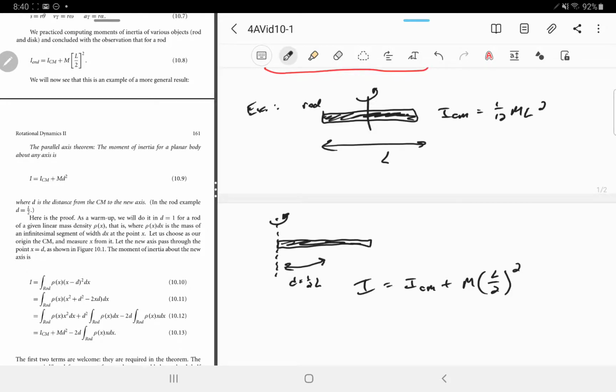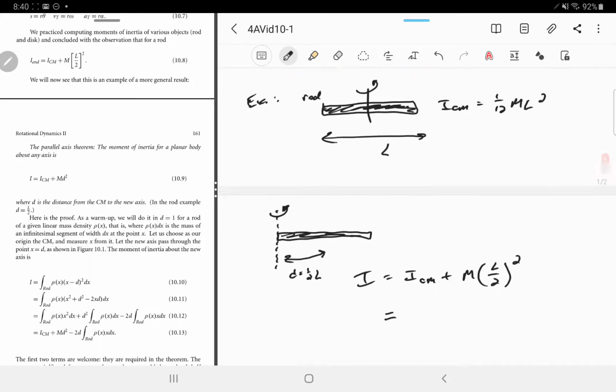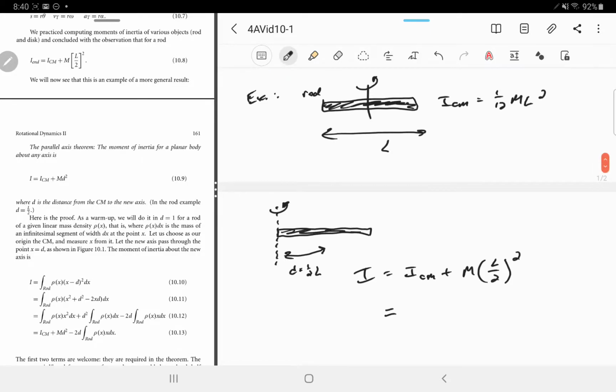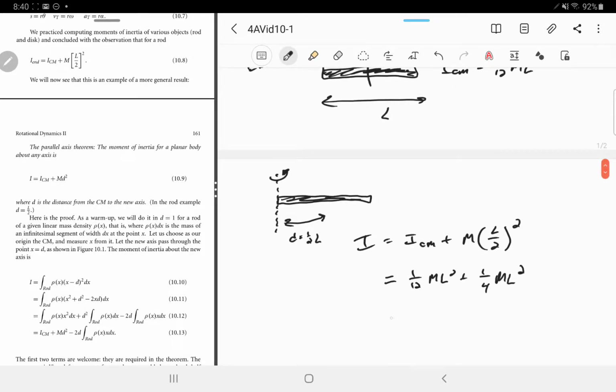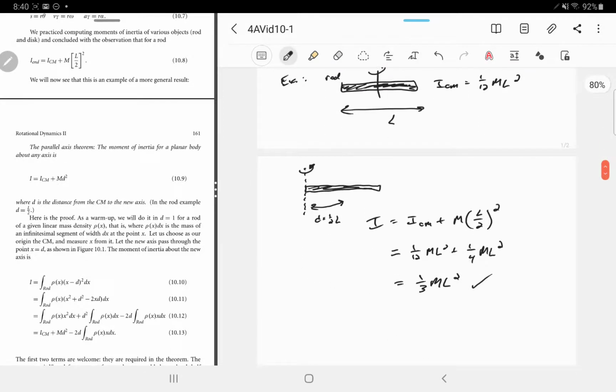So the moment of inertia of a rod about an axis that goes through an endpoint is 1/12 ML squared plus 1/4 ML squared. So 1/12 plus 1/4 is 1/3 ML squared. We've already seen that the result was 1/3 ML squared.